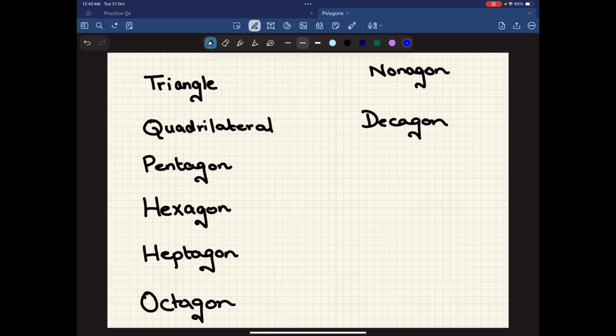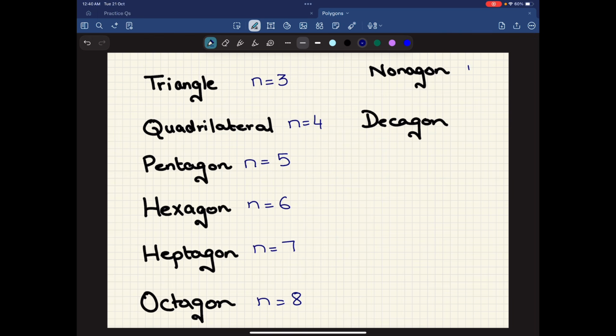A triangle has 3 sides. So n equals 3, where n is the number of sides. A quadrilateral has 4 sides. A pentagon has 5 sides. Hexagon has 6. Heptagon has 7. Octagon has 8 sides.